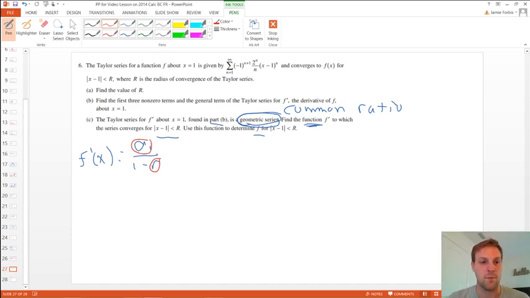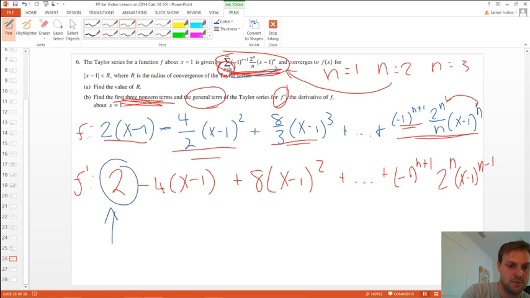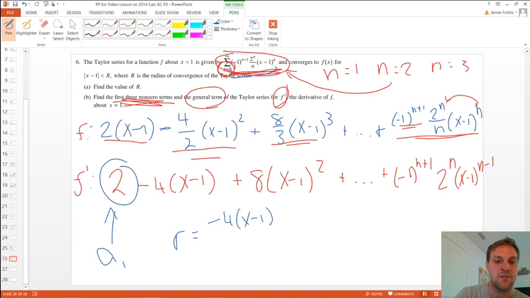So if we look back at what we found earlier, we're talking about f prime. We're trying to create a function for that. Here is my a sub 1. That's my first value. If I wanted to know my common ratio, all you have to do is take one term, let's say negative 4 times x minus 1, and divide by the previous term, which is 2.